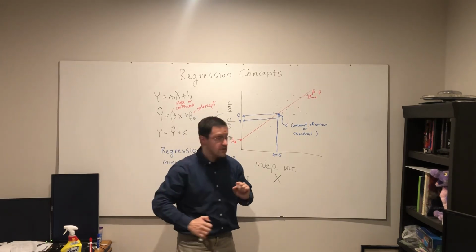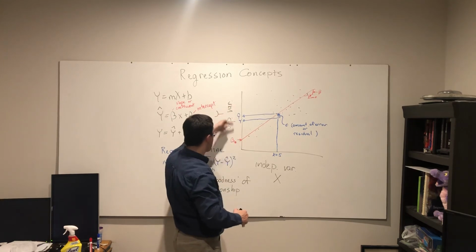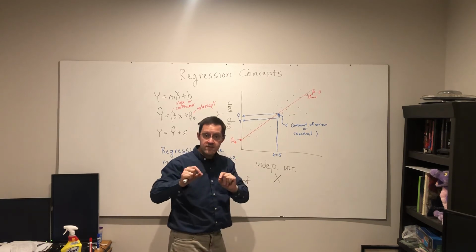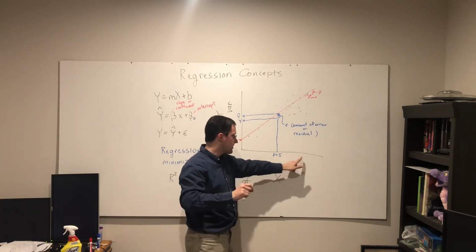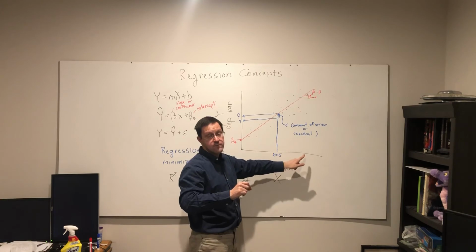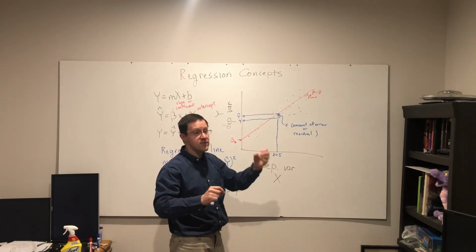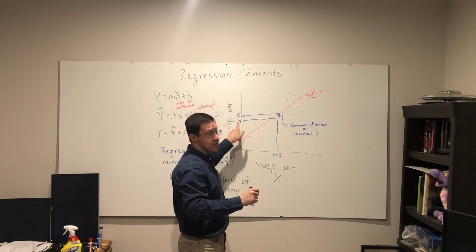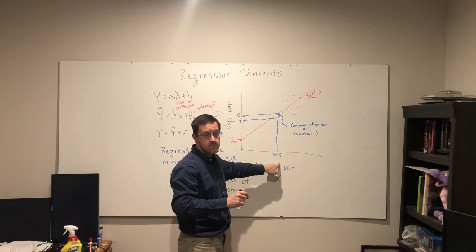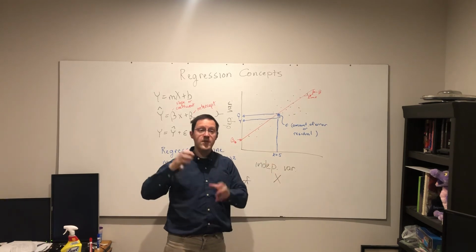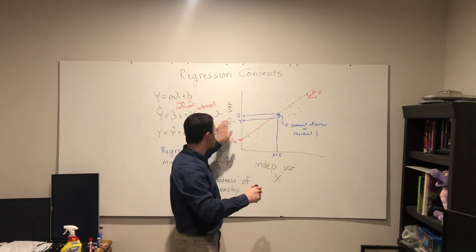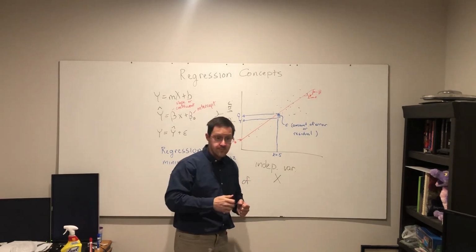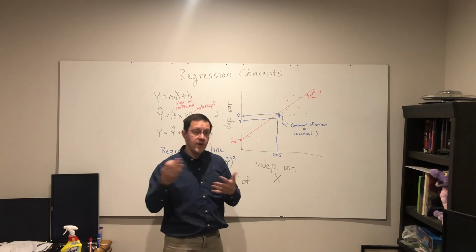In regression, it's saying how much of the variation in the dependent variable can be explained by the variation in the independent variable. If there's no relationship, then 0% of the change in the dependent variable can be explained by the independent variable. With a perfect relationship, all 100% of the variance can be explained. Most of the time it's in between.